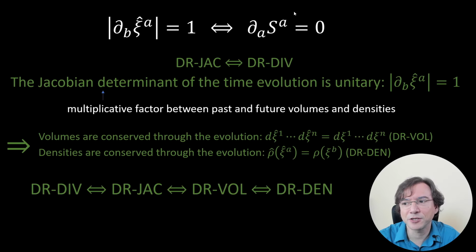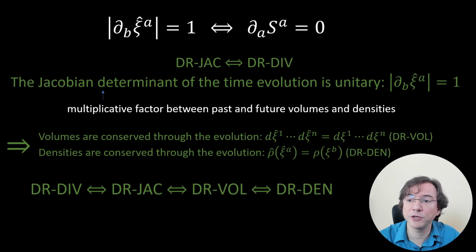But since the divergence of the field is 0, the Jacobian determinant does not change, and vice versa. These two conditions are exactly the same. So the fact that the Jacobian determinant of the time evolution is unitary is an equivalent condition to saying that the divergence of the displacement field is 0.